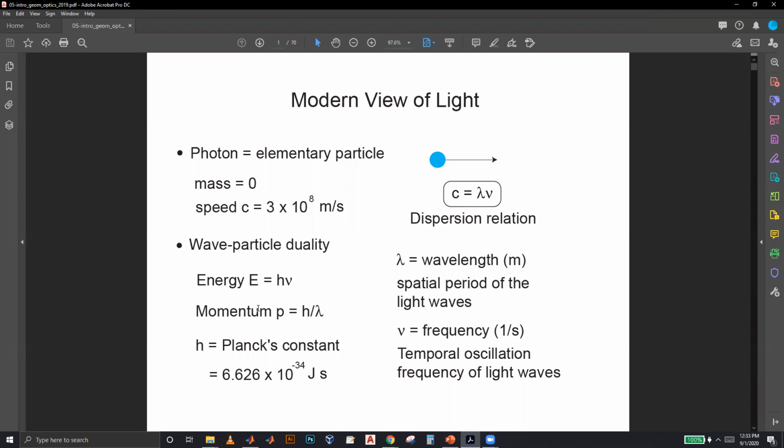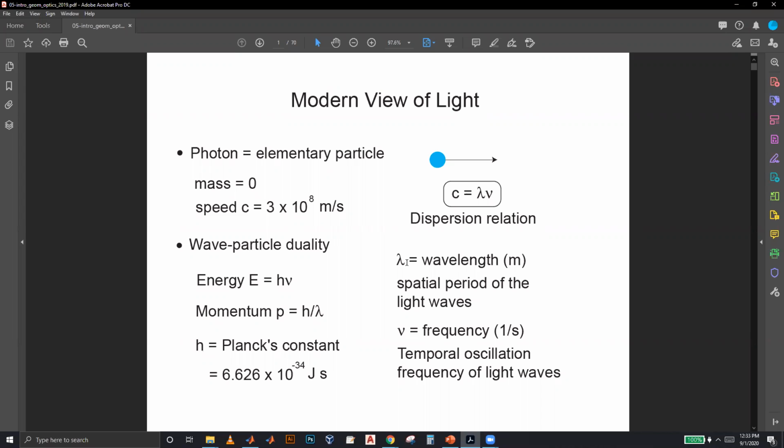So the momentum associated with the wave is shown by this equation. Again, h is your Planck's constant, lambda is the wavelength of the light, and momentum is p. And finally, we have a dispersion relation which equates the speed of light with the wavelength and the frequency. So these are just some basic definitions.